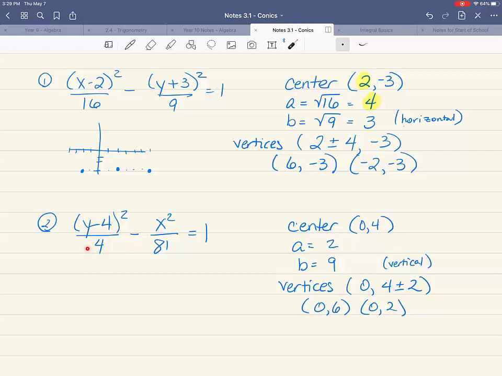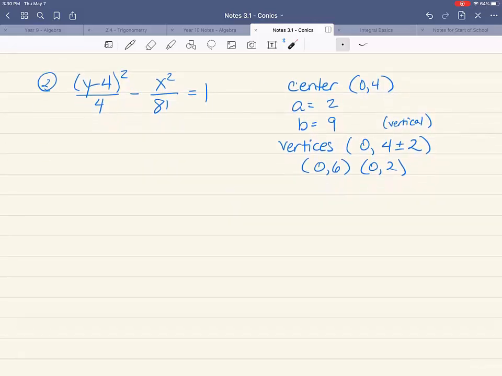It's always the first denominator square rooted. B is 9. This is a vertical hyperbola. Why again? Because the y comes first. And since the y comes first, we take our A and add it to the y. So 0, 4 plus or minus 2. I say add, but it's really add and subtract. So to simplify that, you get 0, 6 and 0, 2.